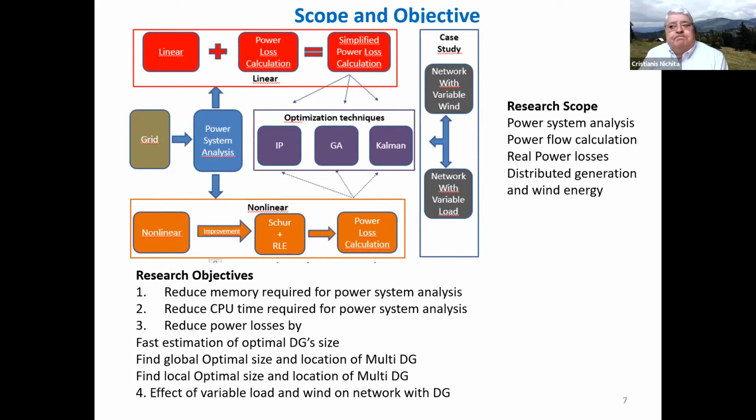Moreover, faster calculation with acceptable accuracy must be an efficient tool for grid operators to assess the power system with large-scale DG connected. The third objective is to investigate the impact of DG size on real power losses in the grid.